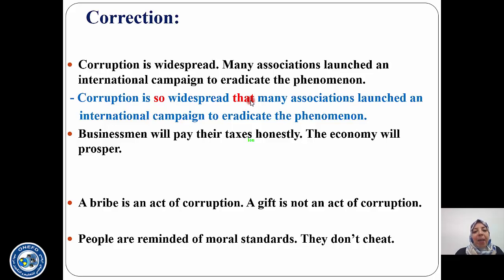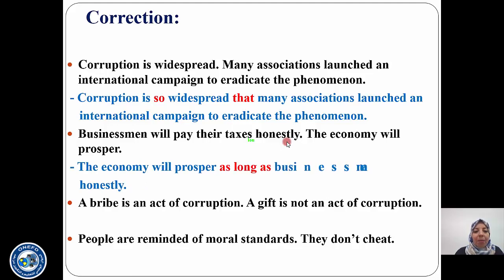Businessmen will pay their taxes honestly. The economy will prosper. Okay. So the logical function you feel is expressed between these two sentences is condition. So which one is the condition?